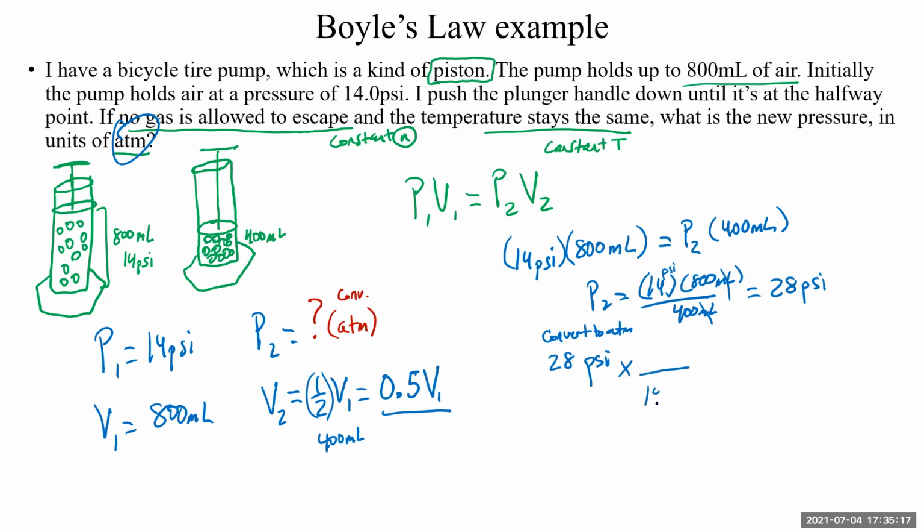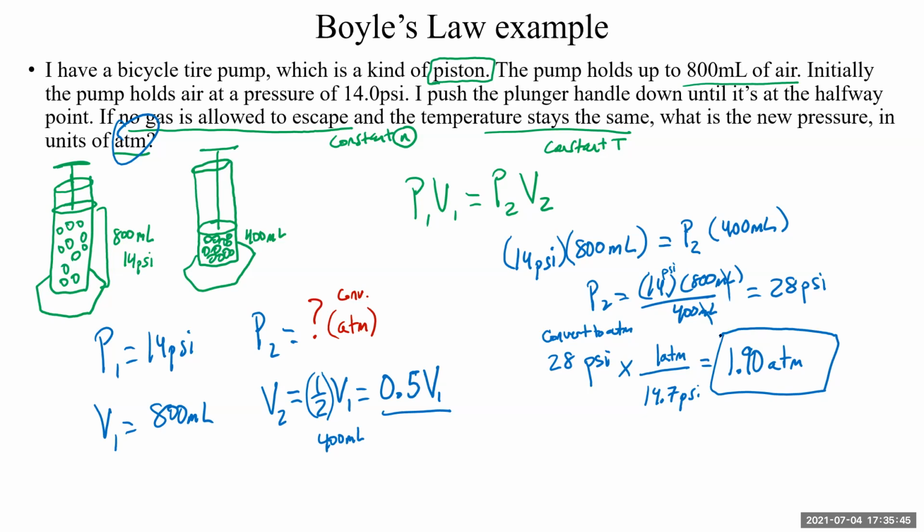We know that every 14.7 PSI is 1 atmosphere, or at least I hope you remember that. So that's going to be just a little bit under 2 atmospheres. So 28 divided by 14.7, I get 1.90 atmospheres, just under 2 atmospheres of air.